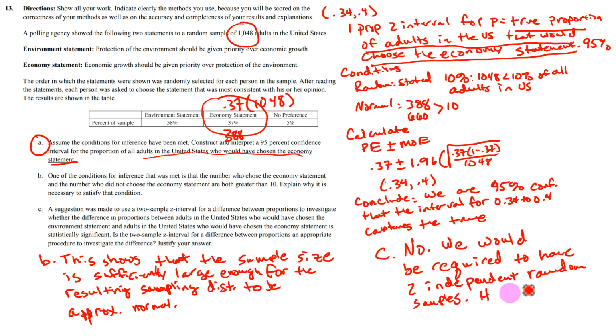Here we only have one. Simple as that. And the two proportions come from a single sample, so they're not independent. You have to have two independent samples here, and we don't. Okay, moving on.